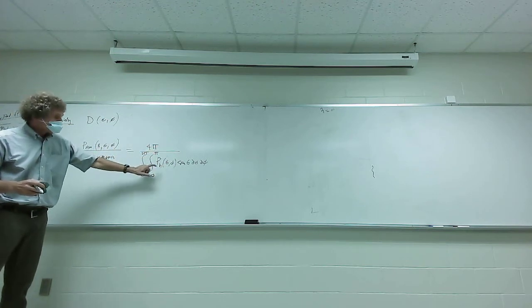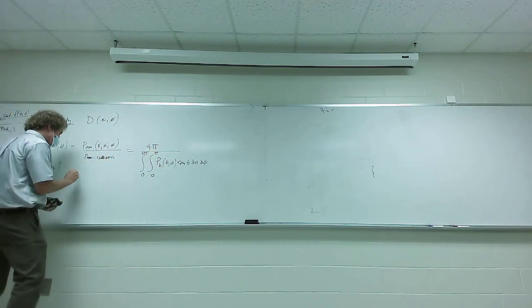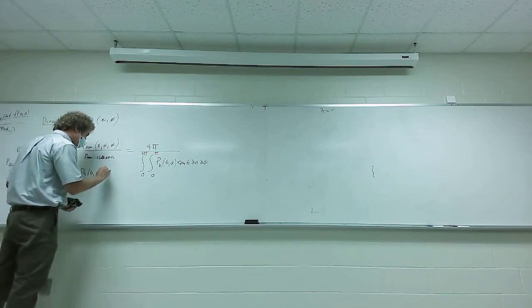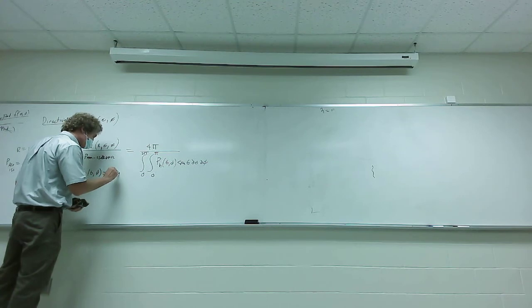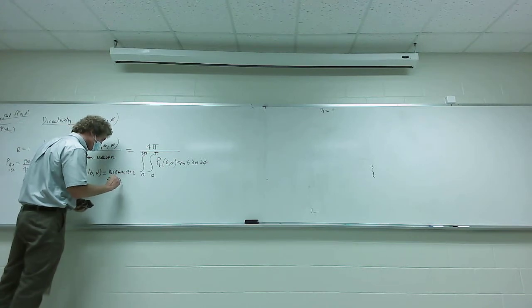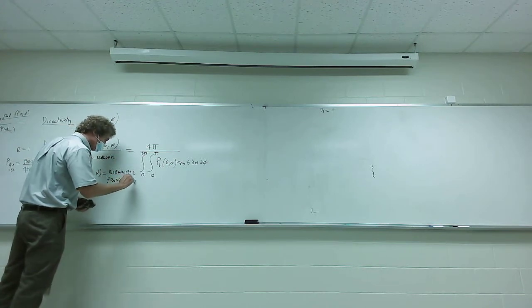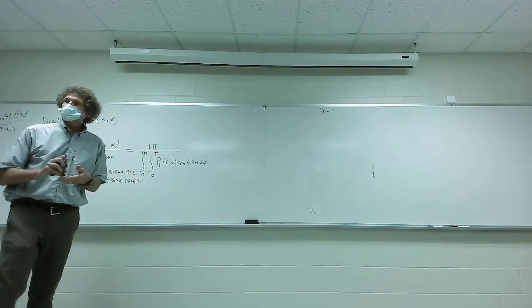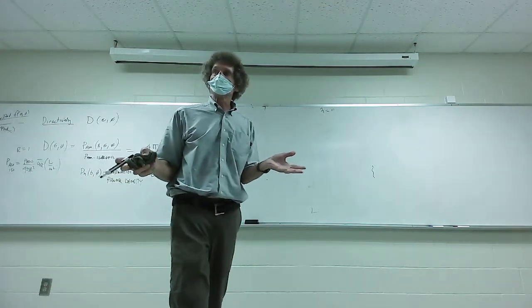So what is this? P_N is, write this down, this is in his book, the normalized power density. So what does that mean? When I say something's normalized, what does it mean to you?